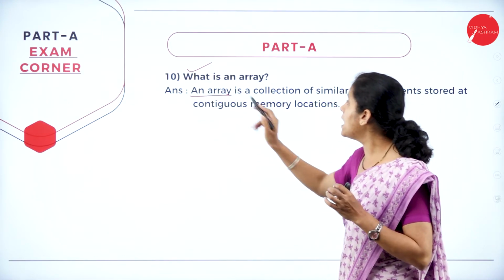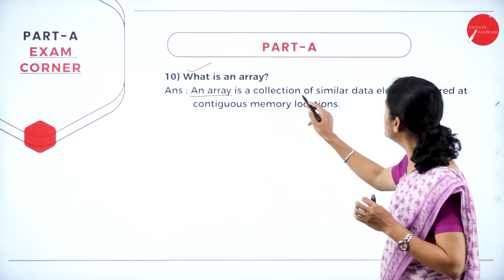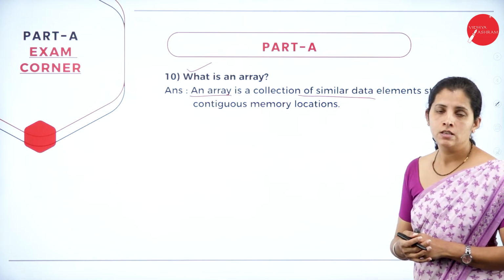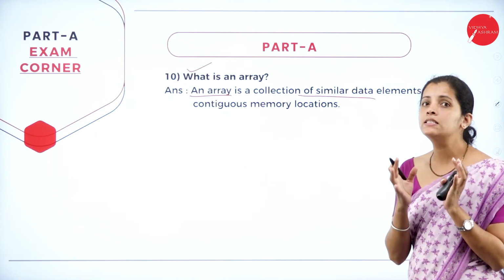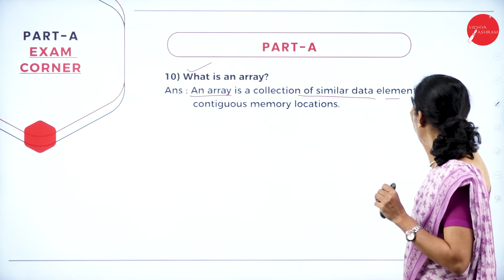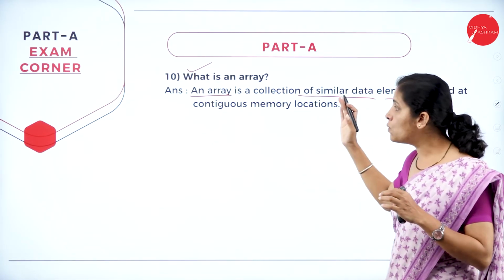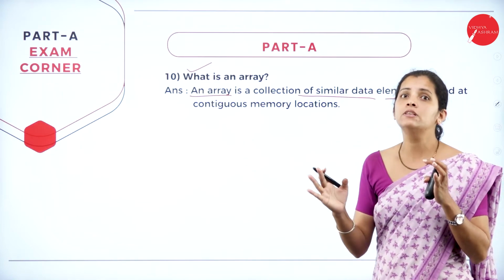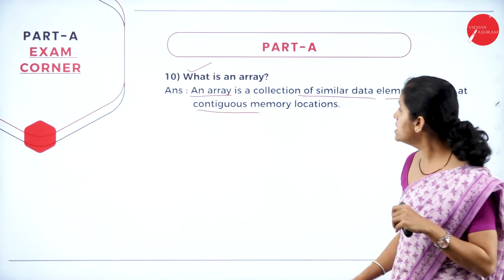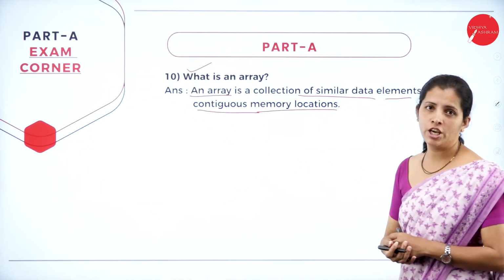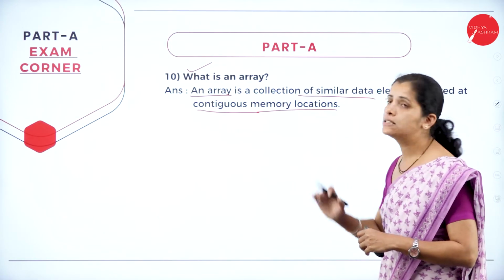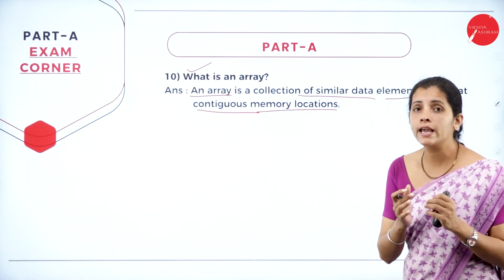So an array is a collection of similar data. Similar data is nothing but the same kind of data elements stored, how are the elements stored? Stored continuously. So it is contiguous memory allocation, and all the elements are grouped under the same name.